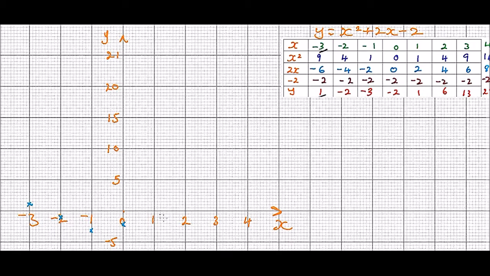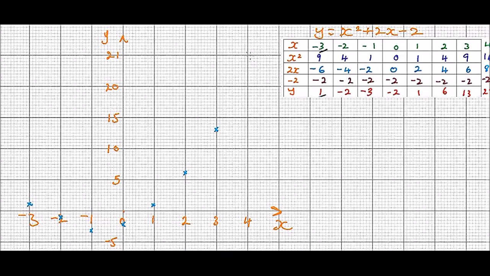When x is 1, y is 1. So that is our point. When x is 2, y is 6. So that is where we have our 6. When x is 3, y is 13. So we have 1, 2, 3. That's where we have 13. When x is 4, y is 22.